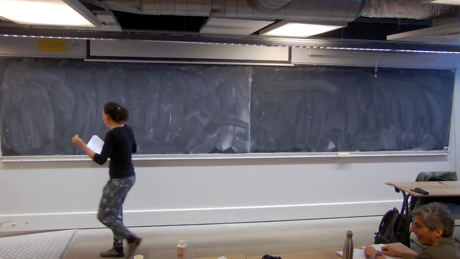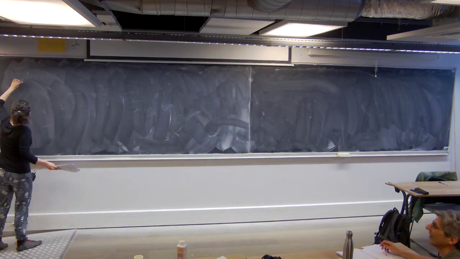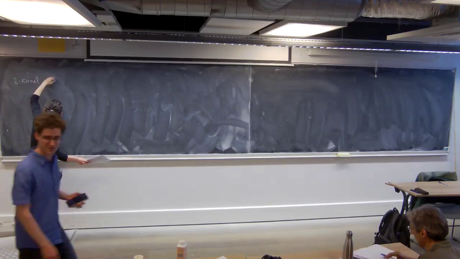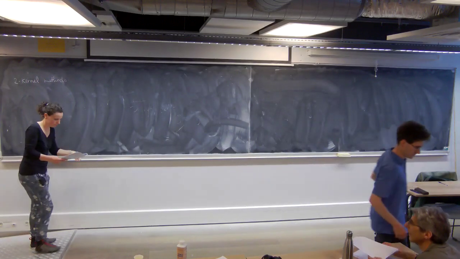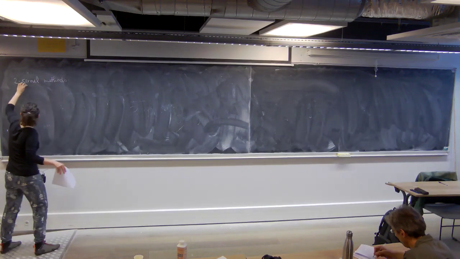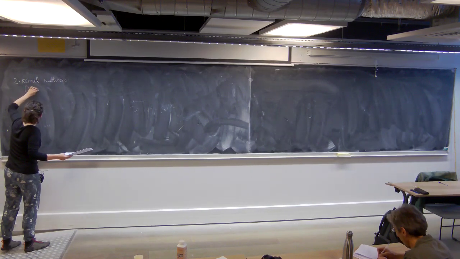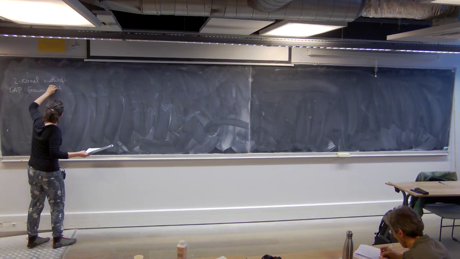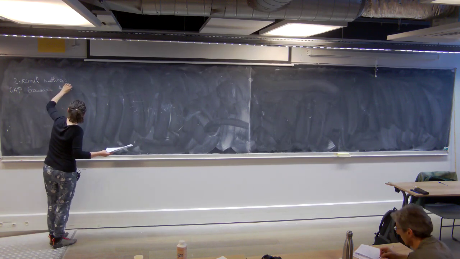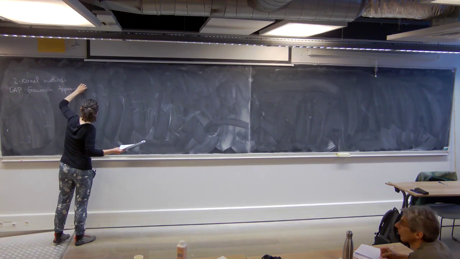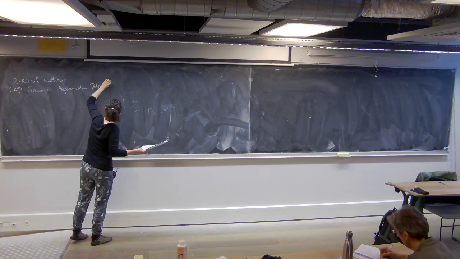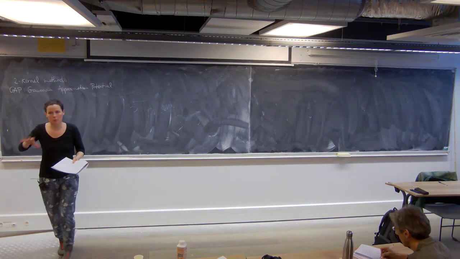So I will now discuss the kernel methods. So after the linear methods, the kernel methods. And in particular, I will discuss the so-called GAP, for Gaussian approximation potential, which is based on the SOAP descriptor.